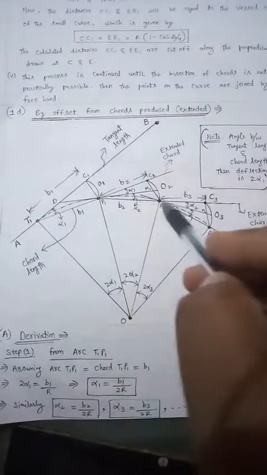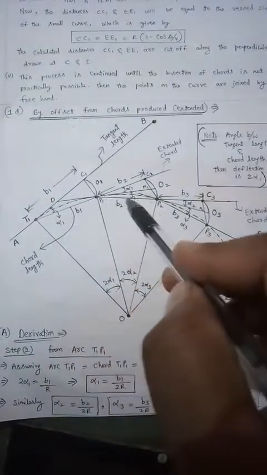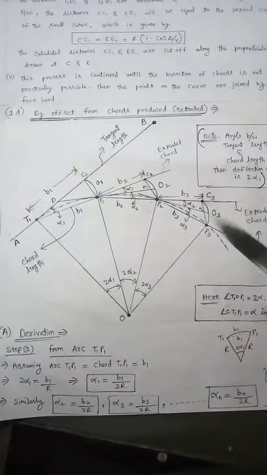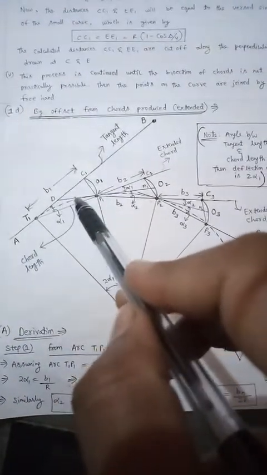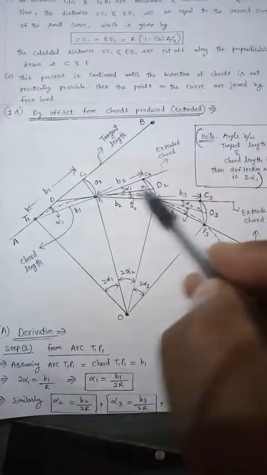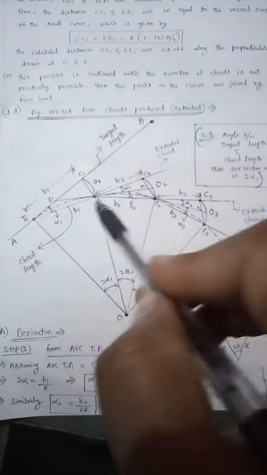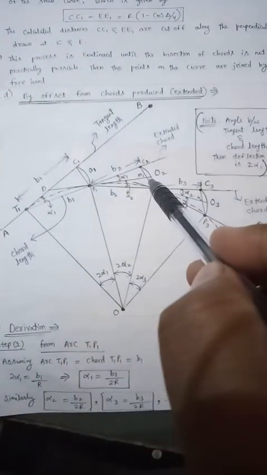So P1, P2, P3 and so on. From T1 we will draw one simple curve by joining T1, P1, P2, P3. After that, we will draw one common tangent line in between B1 and B2. So this is the common tangent line.